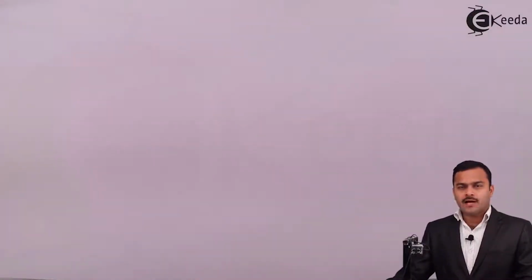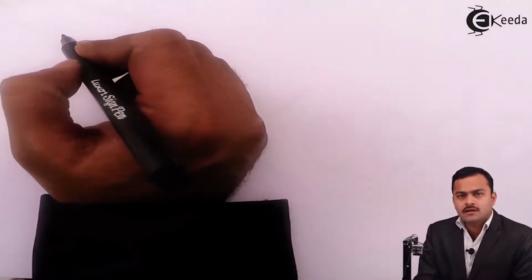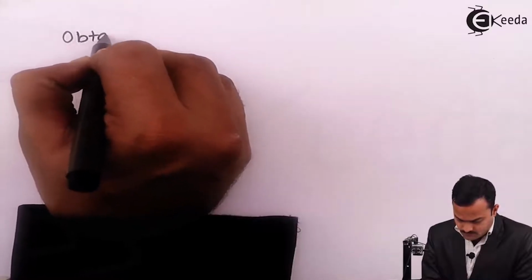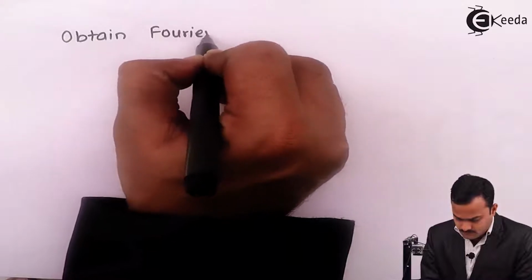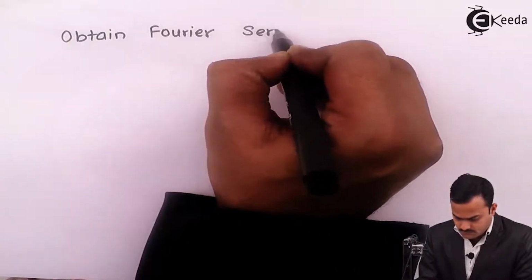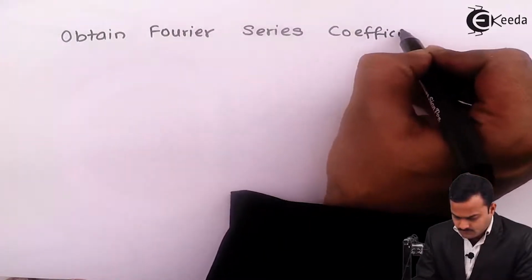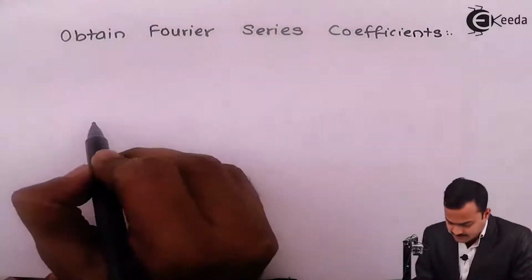In this video, we are going to see a problem based on continuous time Fourier series. Here is the problem. We have to obtain Fourier series coefficients for the following waveform. The waveform is given like this.